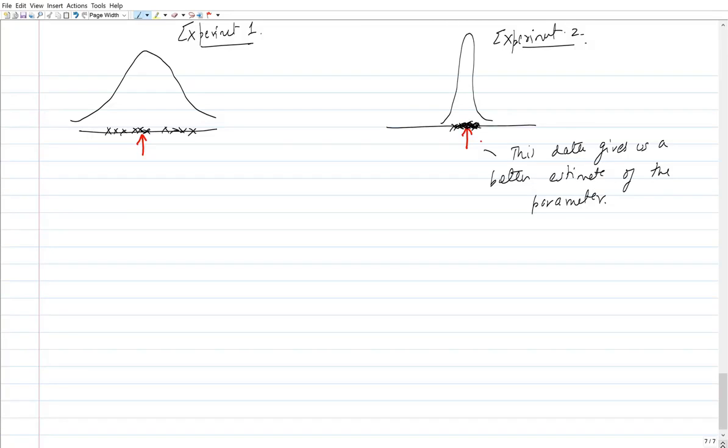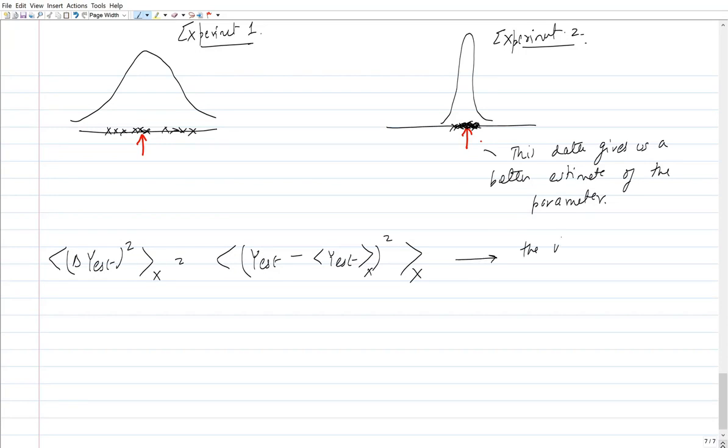So again, the variance is a benchmark of our metrology process. The narrower the variance of this probability distribution of the measurement record, the better we are doing.